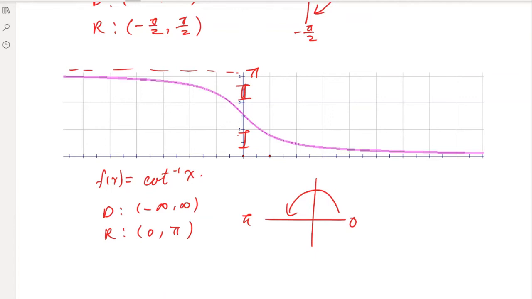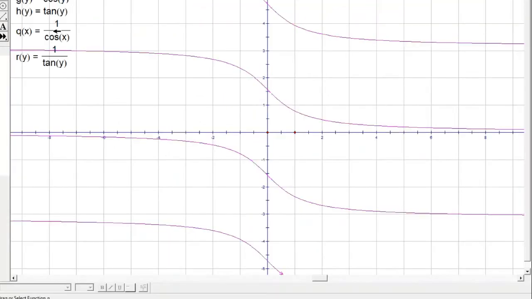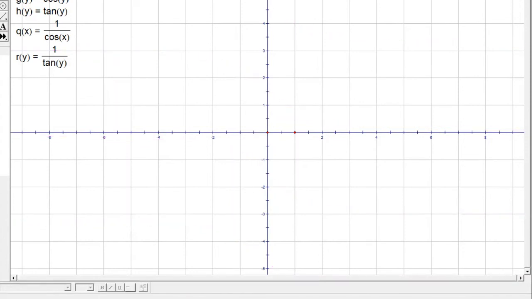So far with me? I'll just do secant and I'll really show you from the notes. This is the graph of secant.